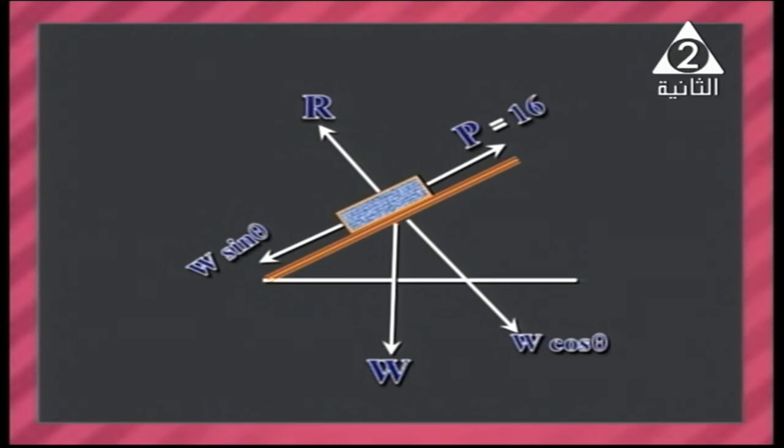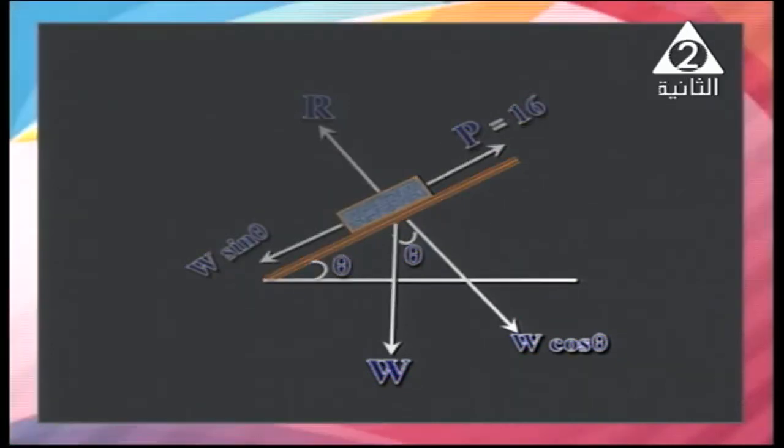We act on the body by the force B equals 16. The angle between the plane and the horizontal is theta. We form the two equations of equilibrium.